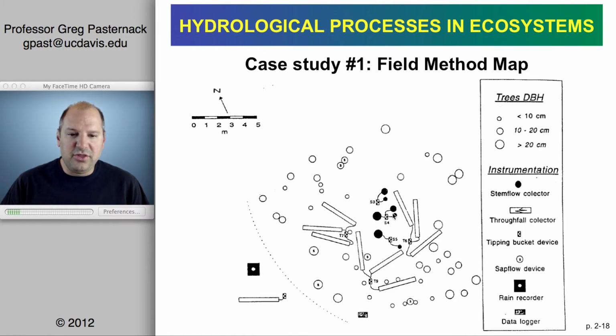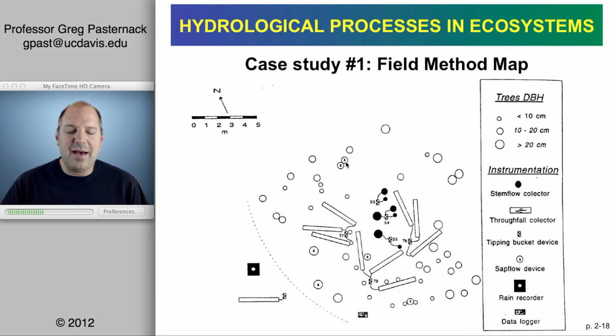Stemflow, similarly, there are 3 trees or 2 trees coming together to a single gauge. And then all of that has to run to a data logger, which is just shown here as a black square that records that information. There's also a manual rain gauge off on the side as another method. And there are also some what we call sap flow devices, which actually measure the flux of water through a tree to capture transpiration.